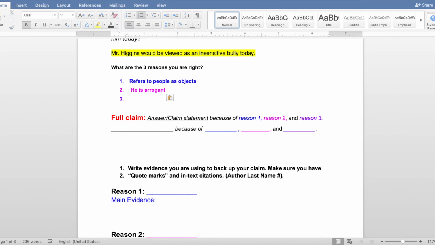He desperately wants to work with Eliza, and he's not beyond hurting her to do that, even if it's just being hit with a broomstick. He's willing to go to that measure. So these are the reasons why I think that he's a bully today. Now, I need evidence to back that up before I can say that for sure, but we'll deal with the evidence at a later time.